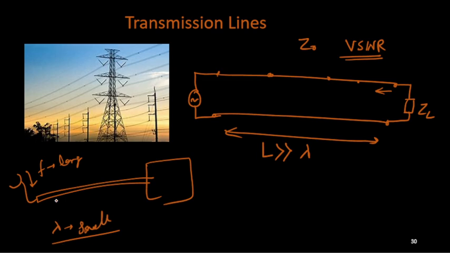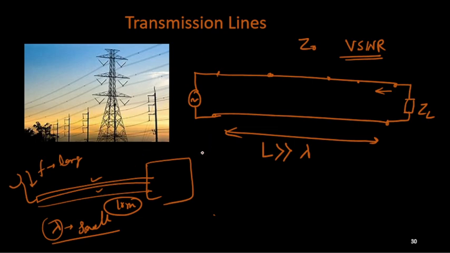If this length is even 10 meters, it is sufficiently larger than lambda, which could be less than a meter. So these parallel lines could be considered a transmission line, not a simple line.